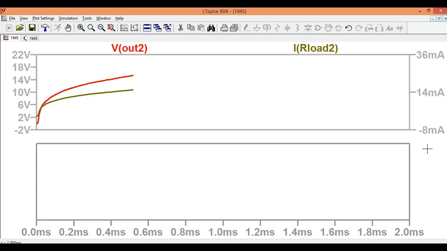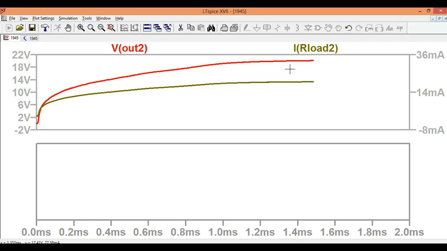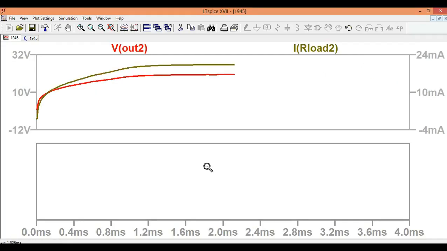Okay, so the voltage earlier with 90k was 15 and it's still ramping here. Current is 14, current is very low. Let's look at the voltage. The voltage I'm getting here is more or less stable, and it is around 20 volt this time. With the 47k I'm getting 20 volt here.